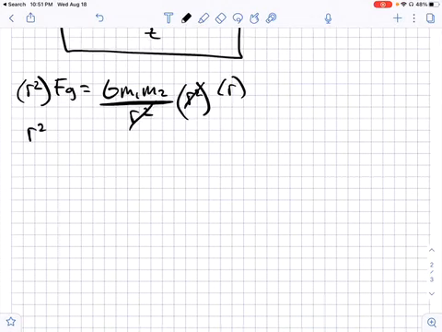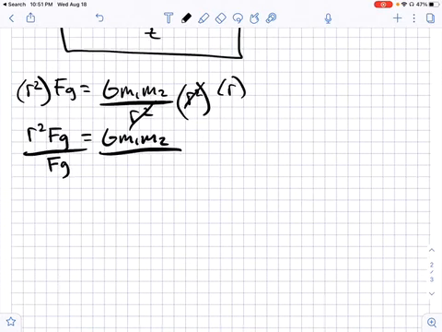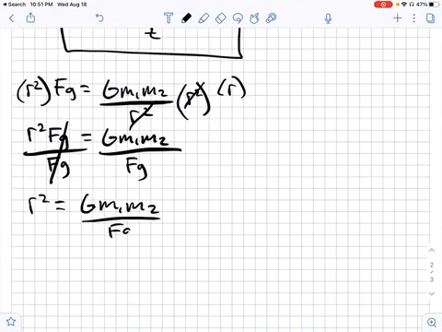If we rewrote it, we'd have r squared fg equals G m1 m2. r squared is being multiplied by fg, so we're going to do the opposite, and divide by fg on both sides. Now we have r squared is equal to G m1 m2 all over fg.